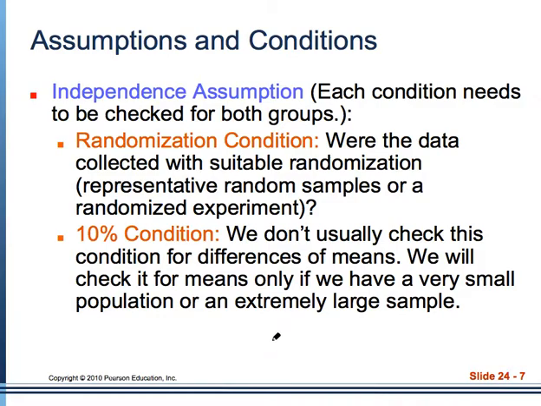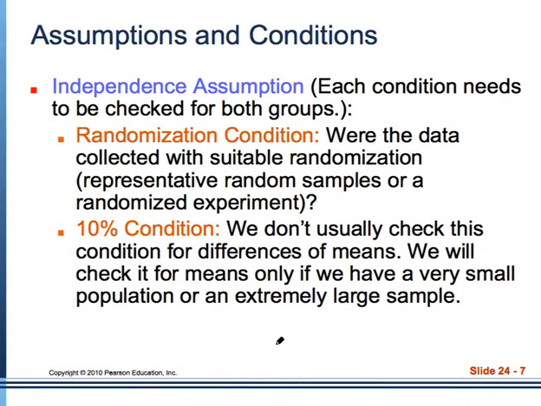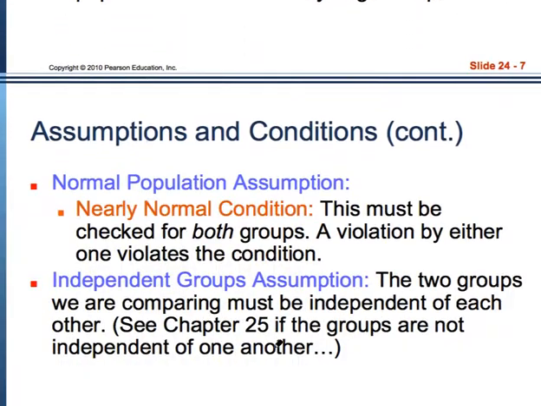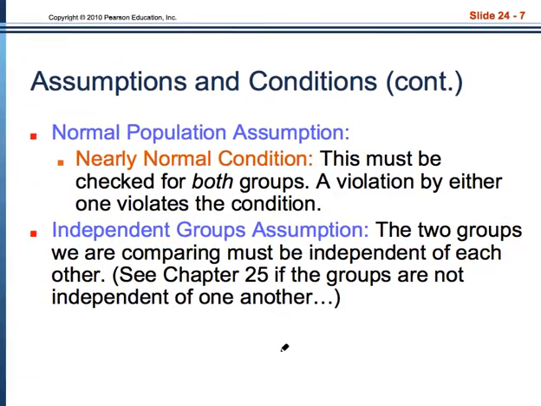We check it for the means only if we have a very small population or an extremely large sample, but typically you're not going to have to check that. The nearly normal condition must be checked for both groups. So you'll run a histogram for each group independently and see what they look like, and make sure that there are no outliers and that the histogram is not skewed in one direction or the other.